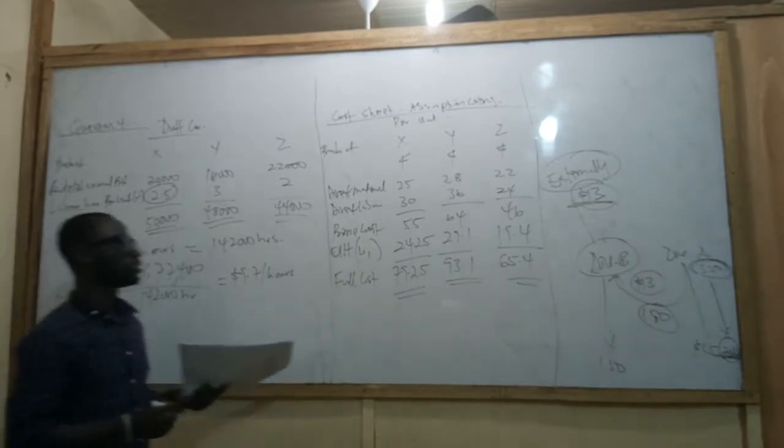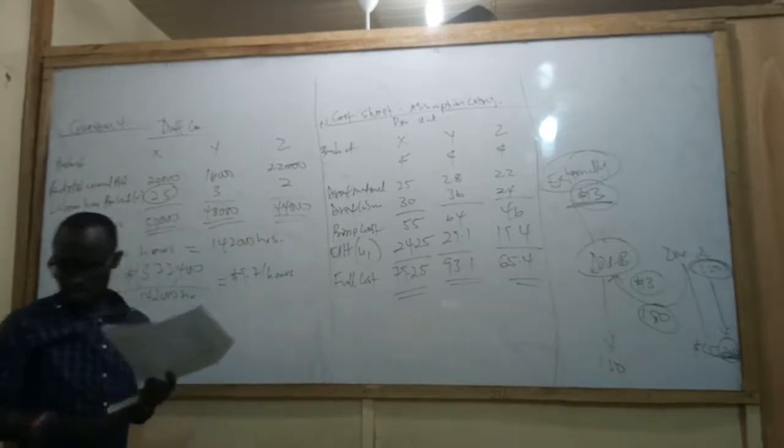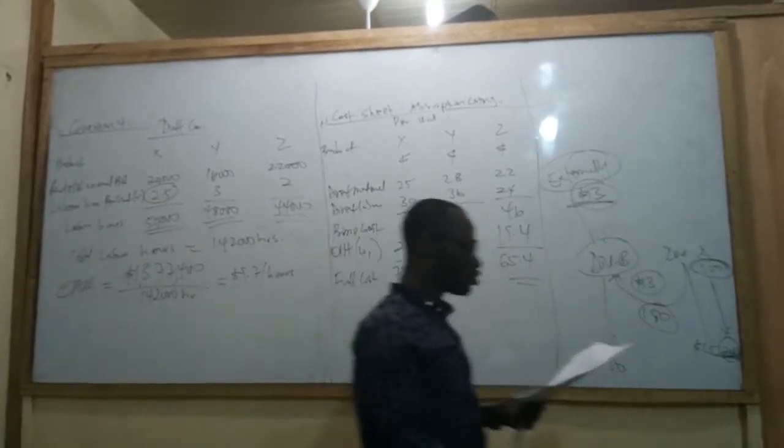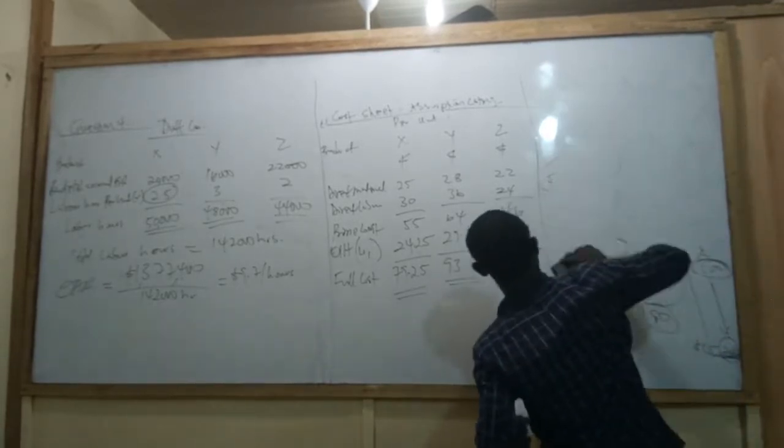So that is the first aspect of the question, the absorption costing. The examiner said we should calculate the full cost, but we should use activity-based costing.